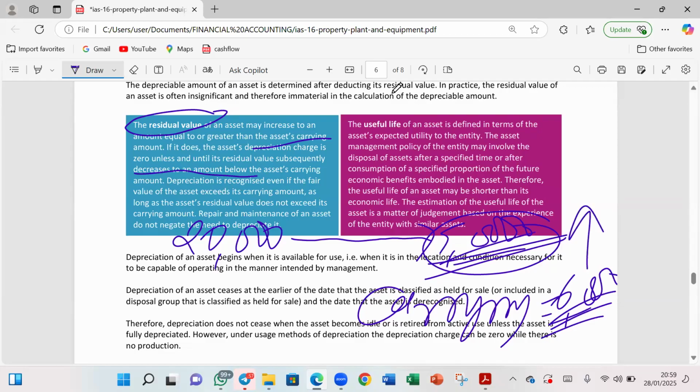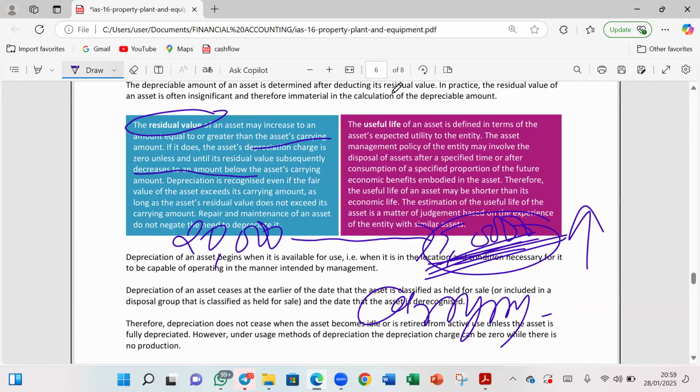If the carrying amount in the balance sheet is 6,000 but you sell at 5,000 today, the residual value is less than the carrying amount. But if the carrying amount is 4,000, it means you are selling the asset at 5,000, which is more than the carrying amount.